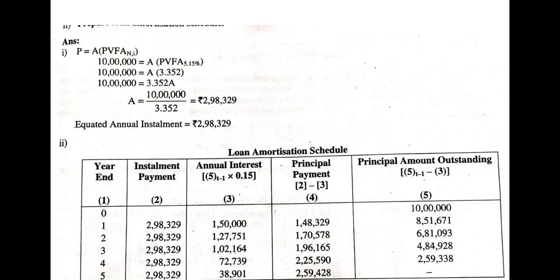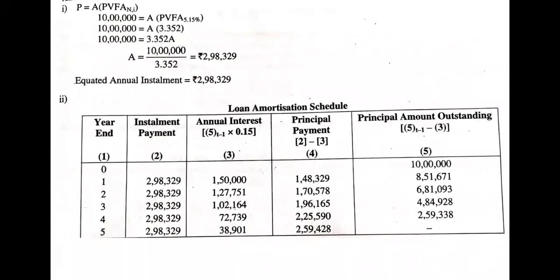Okay. So now the second part of the problem is preparation of the loan amortization schedule. To prepare this, we need to prepare these 5 columns. The first column is year end, installment payment is the second column, annual interest is the third column, principal payment is the fourth column, and principal amount outstanding is the fifth column.